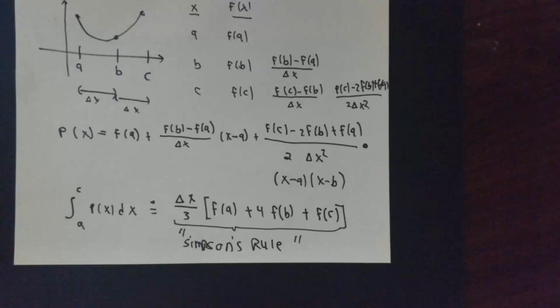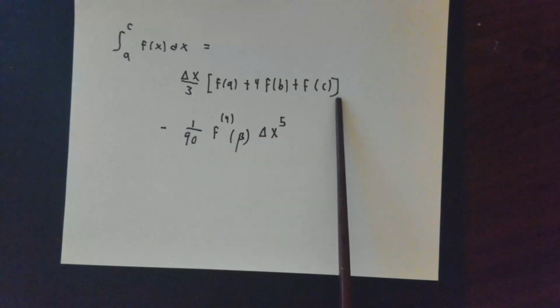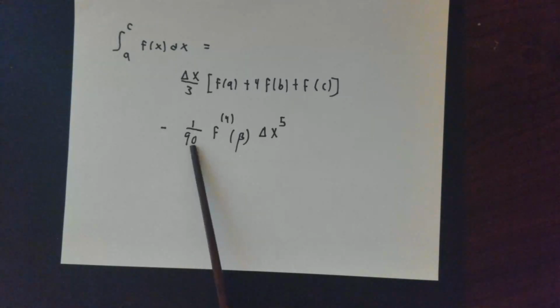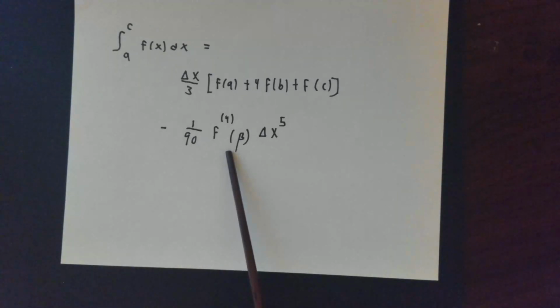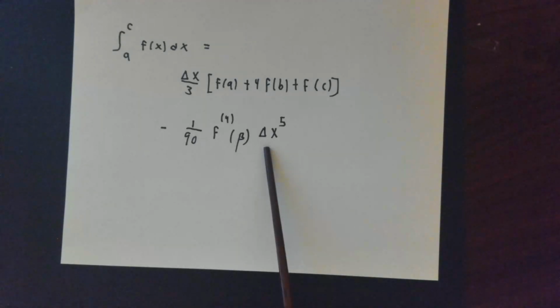You can do the same kind of calculation that we did for the midpoint rule, and you'll find out that the actual value of the integral is this quantity, which is Simpson's rule, minus 1 over 90 times a value of the fourth derivative of f times delta x to the fifth power, remembering that delta x is the spacing between any successive pairs of numbers in a, b, and c.